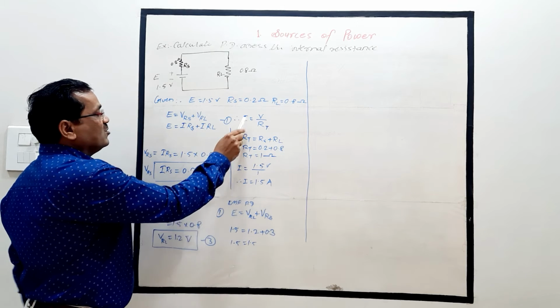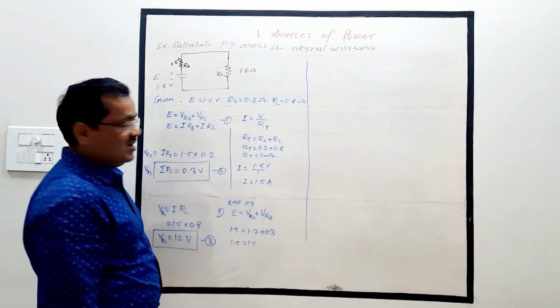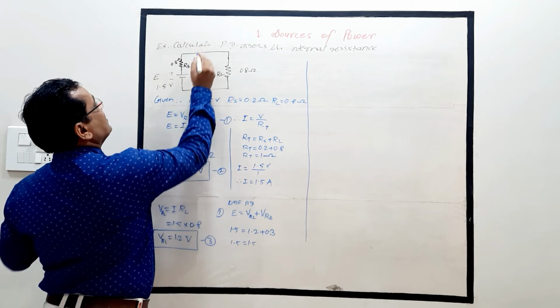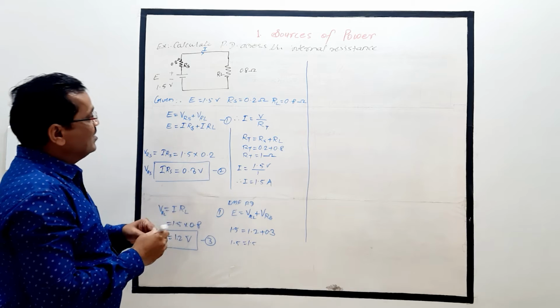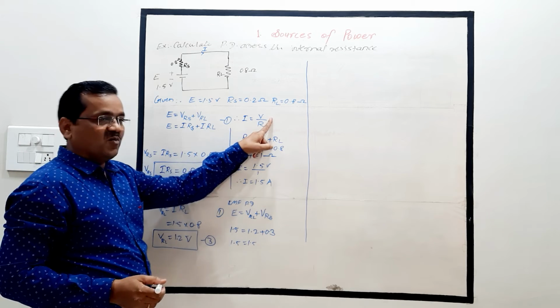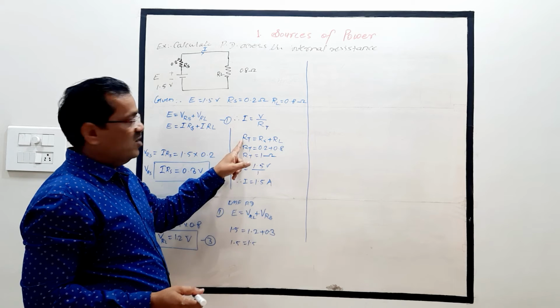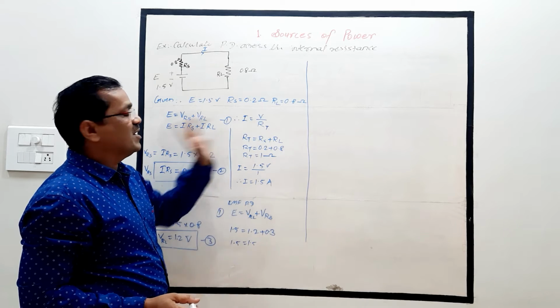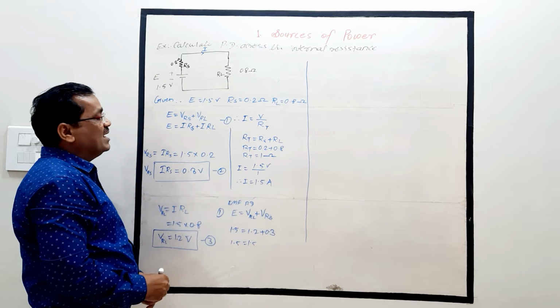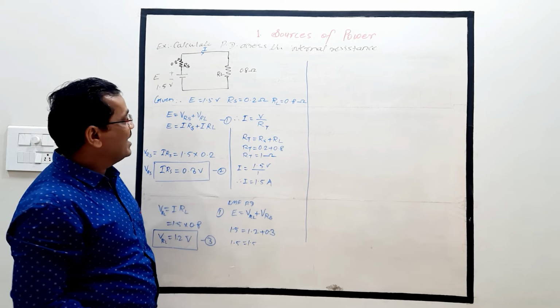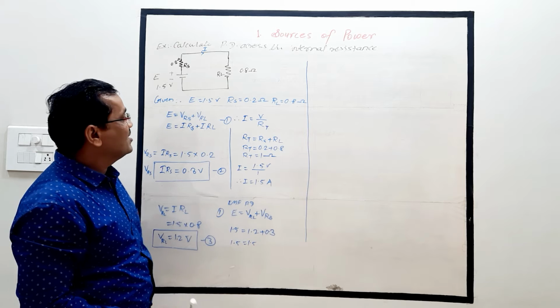Now calculate the total current of the circuit. Total current of the circuit can be calculated by using Ohm's law. V is equal to I into RT, where RT is the R total, or we can say R effective, total resistance.